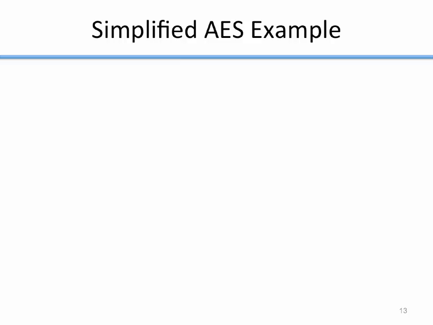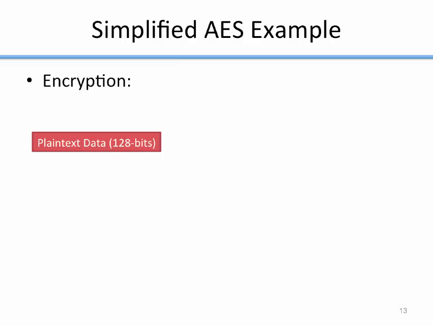Let's do a really simplified AES example. So encryption, we take our plain text data. In this case, I'm going to say it's 128 bits because we're doing AES, and it uses a 128-bit block size. I'm going to have a key that's 256 bits, just for fun. The larger the key, the more secure the encryption is. And hopefully we'll have time to do an example of why that is in class.